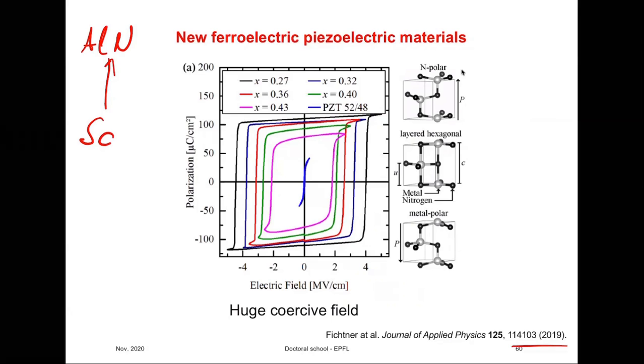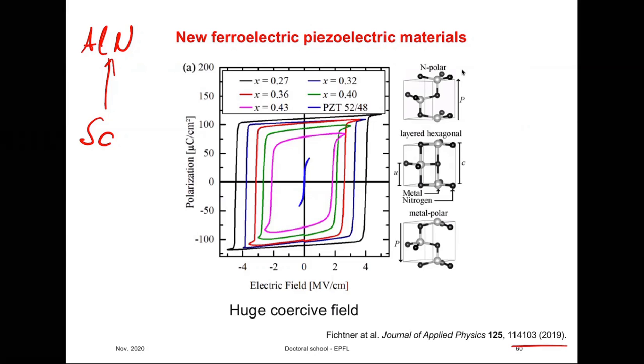So scandium destabilizes the polarization enough that you can switch it. You remember our definition of ferroelectricity. Ferroelectric materials are those materials which have spontaneous polarization and which can be switched by electric field to another stable position. Okay?